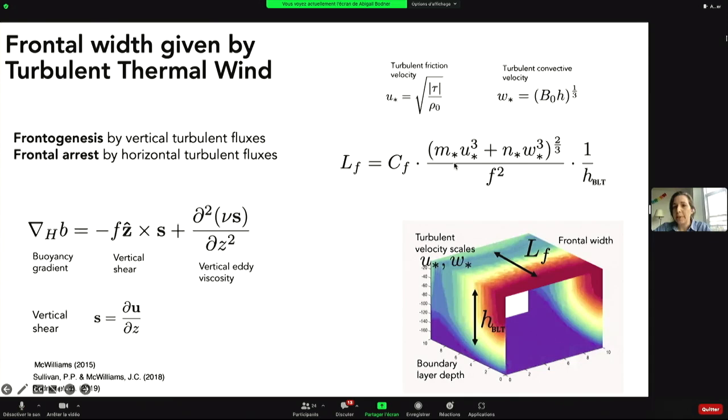Now we have L_F in terms of this velocity, and w star, which is the turbulent convective velocity, as well as H, which is the boundary layer depth, and the Coriolis parameter. So just to recap, this new frontal scaling is a direct result of the turbulent thermal wind balance. So this is the width the front reaches, which obeys this three-way balance between thermal wind and the Ekman balance.